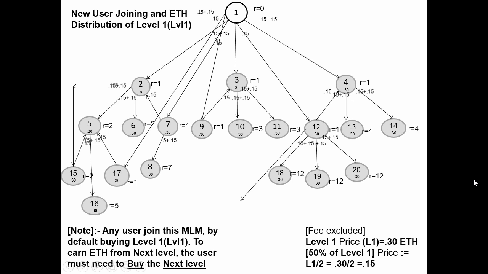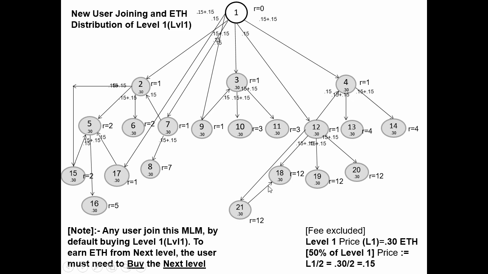Now if user 12 adds another user, the user ID will be 21. What will happen? This user's first level, 1, 2, 3 people are already filled up. Then it will search here. Here it is empty, so it will connect with this user 18.